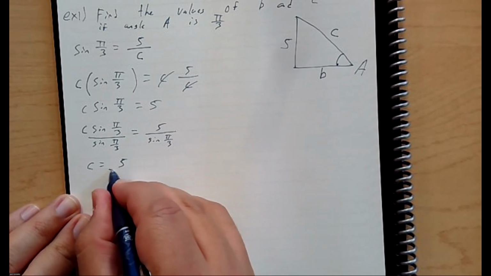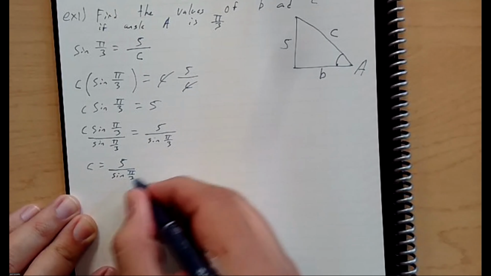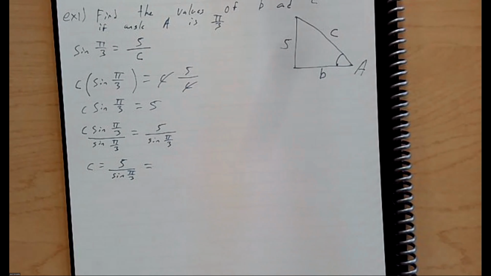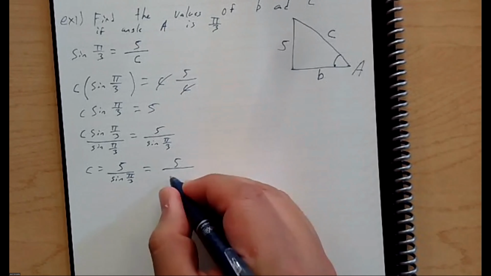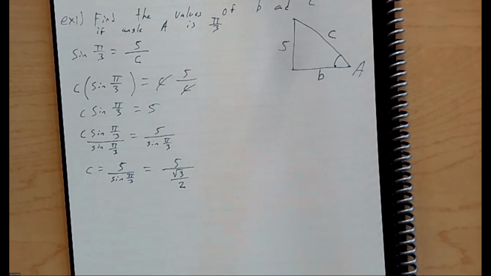What is sine of pi over 3? One and a half. The y value. So square root 3 over 2 goes right there. Divide by a fraction.